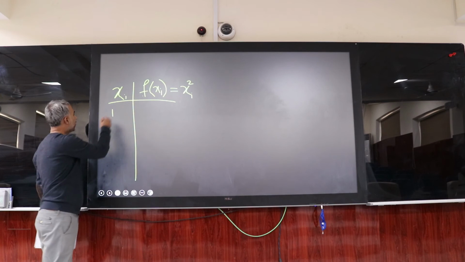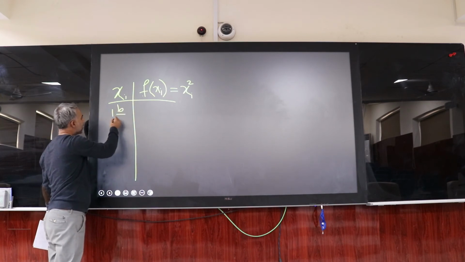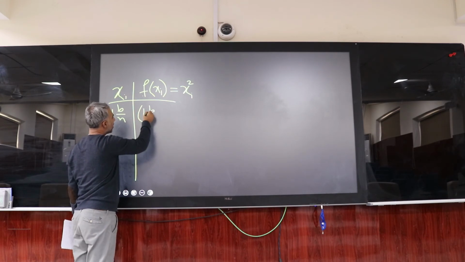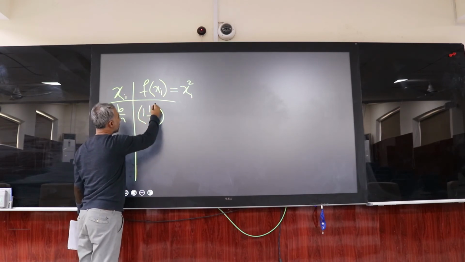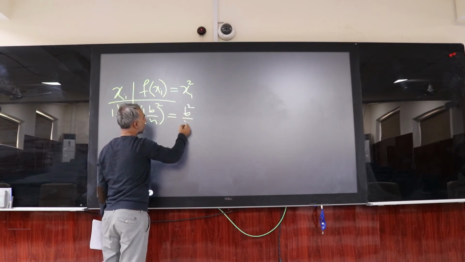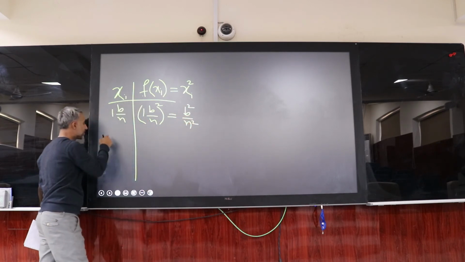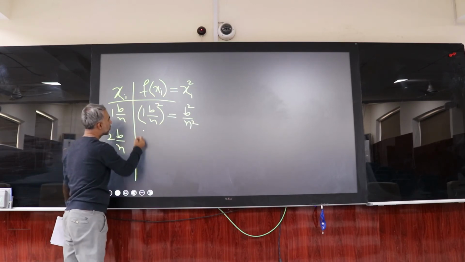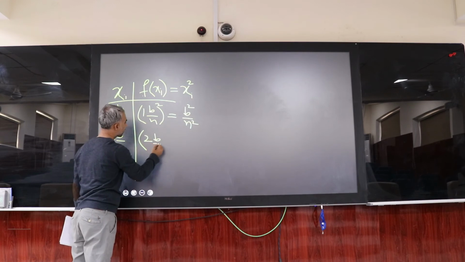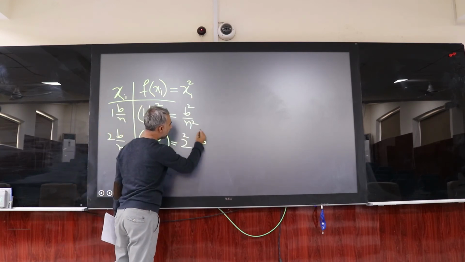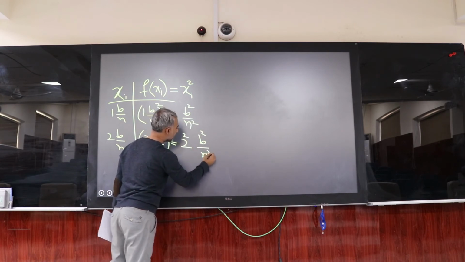So for the first one, we need to consider 1 times b over n, squared, or you can say b square over n square. For the second rectangle, you need to consider 2 square b square over n square.